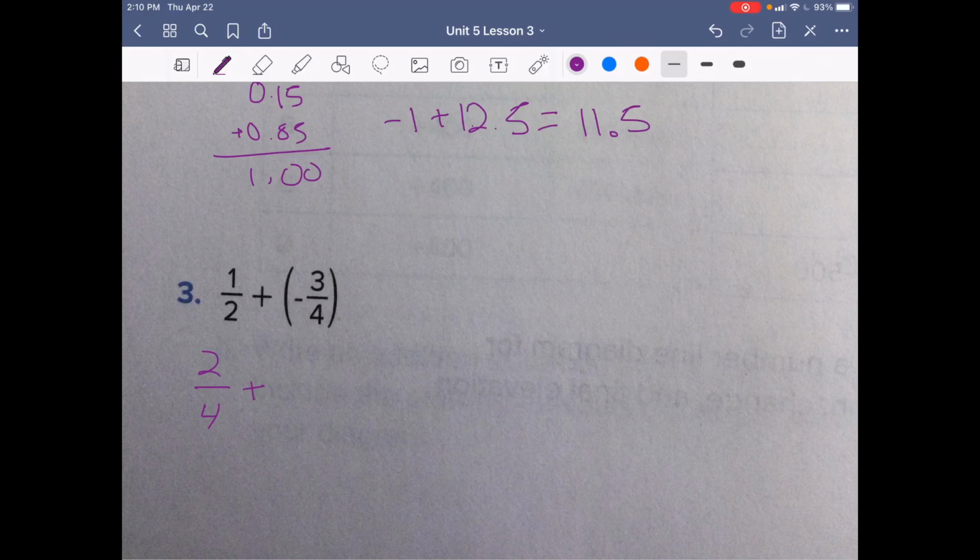All right, and now we can add our negative 3/4. Well, our larger number here is the negative 3/4. So we can do 3 minus 2. That's going to give us 1 over 4. And because the negative is the larger number, it would be negative 1/4 as our answer.